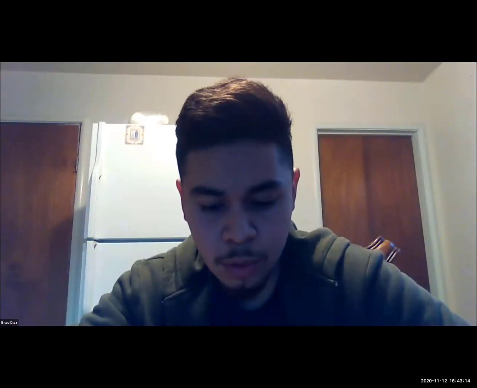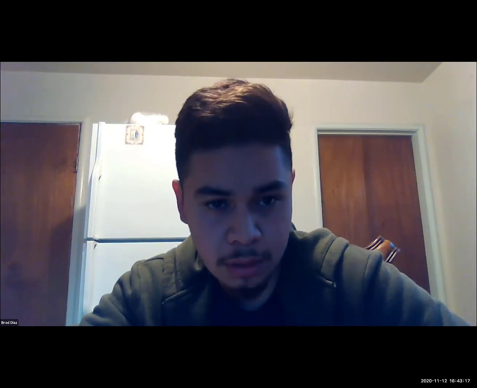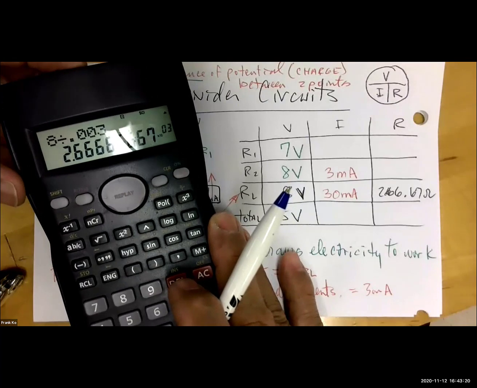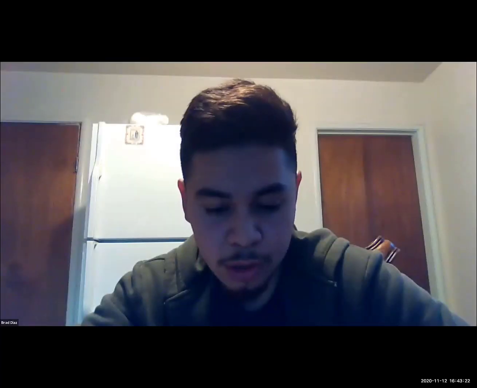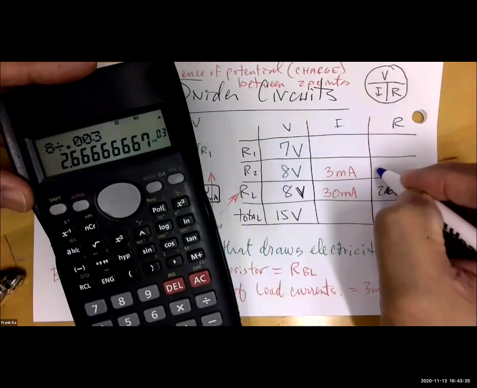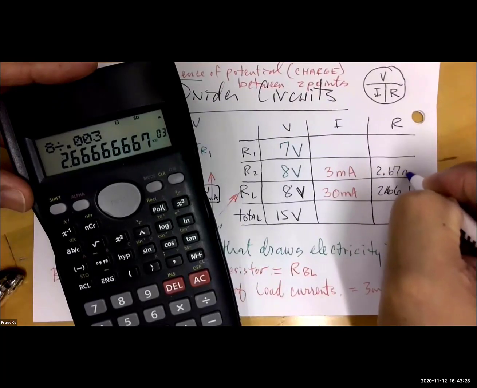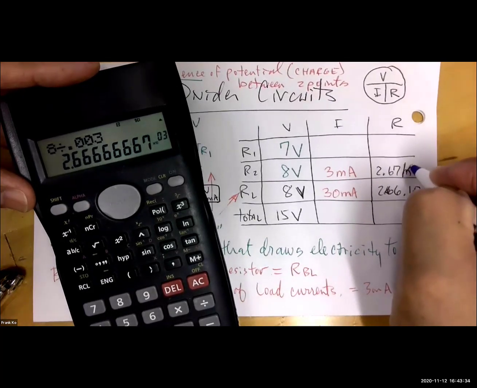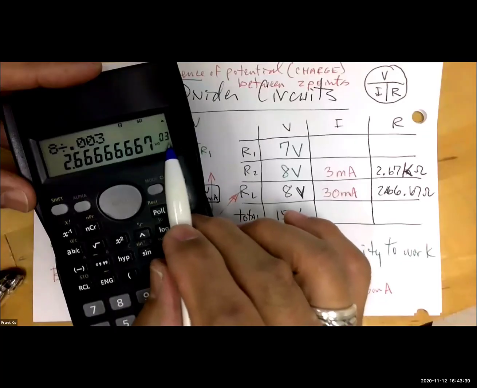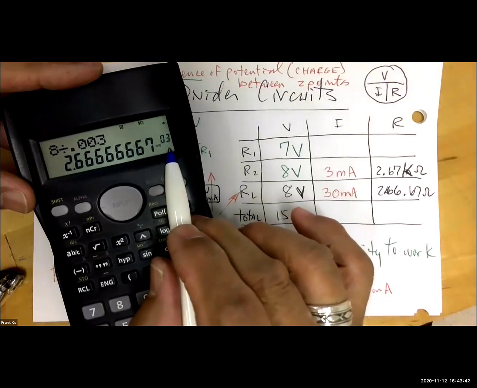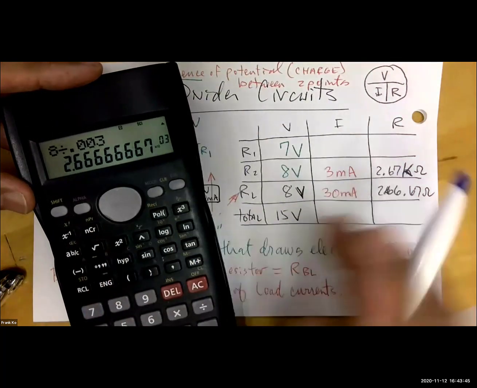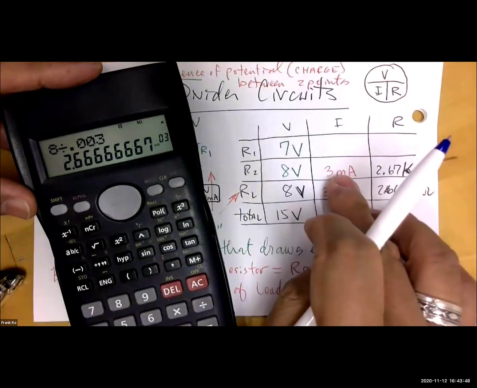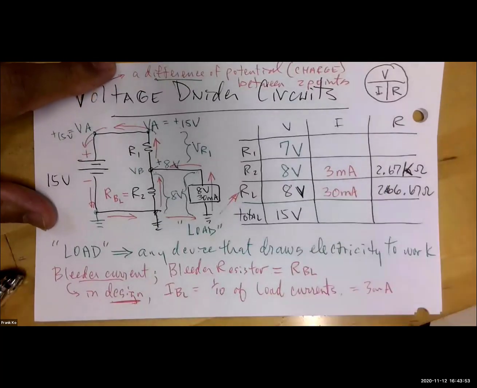I got 2.67. Okay, 2.67 kilo ohms. That's a kilo, not a milli. That's a +3, not a -3. So 2.67 kilo ohms. Resistance is measured in ohms, and we use milliamps in order to calculate ohms. Okay, so now we have 4 more cells to fill in.